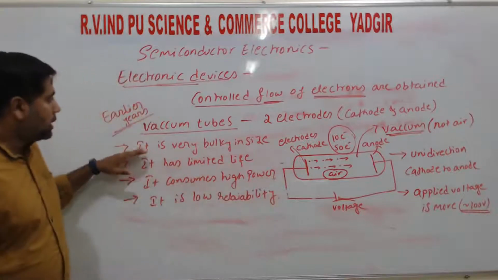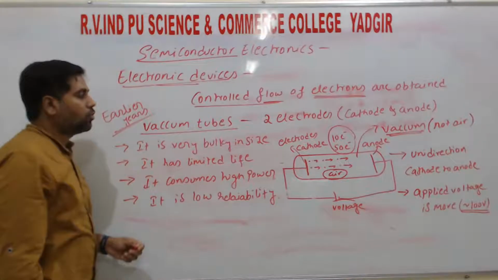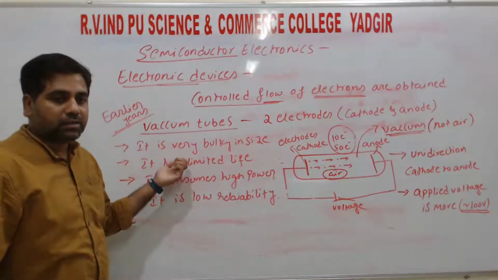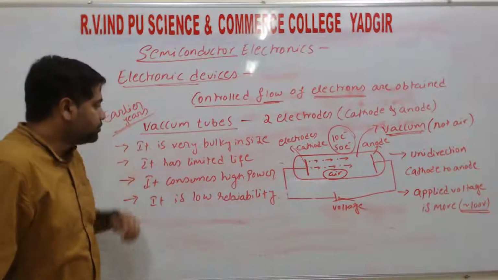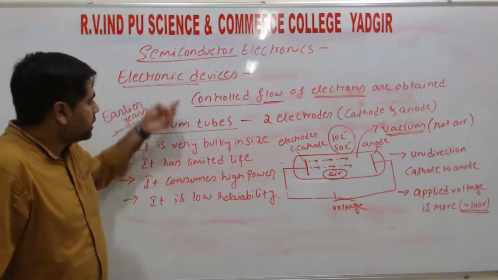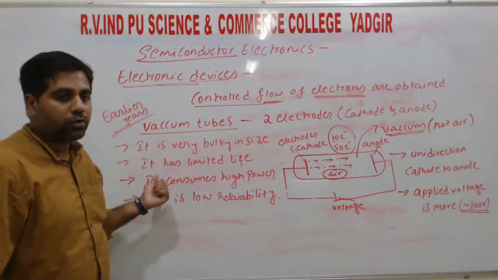Until we introduced the semiconductor, we used vacuum tubes in all the devices, right? So compared with the semiconductor, these are all the disadvantages of the vacuum tubes, right?